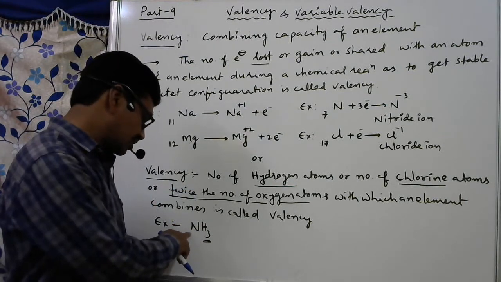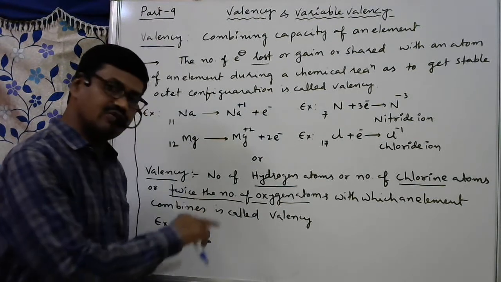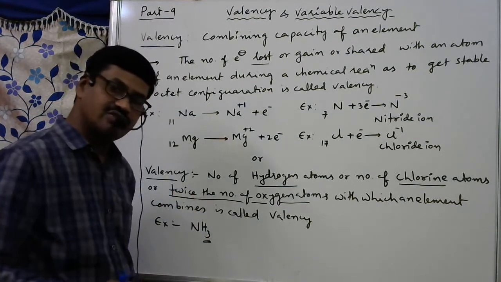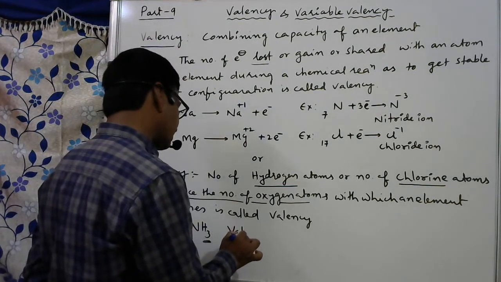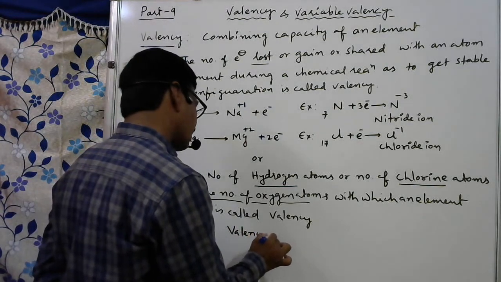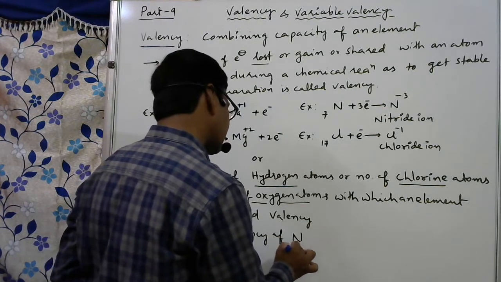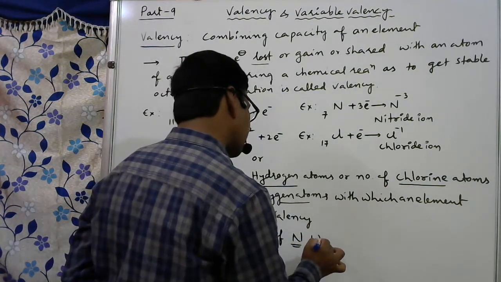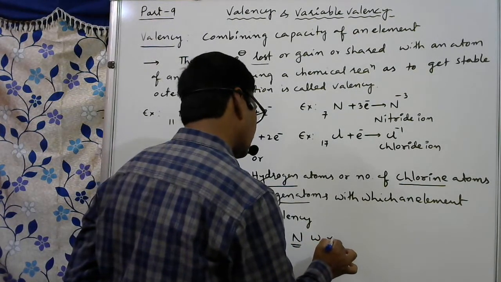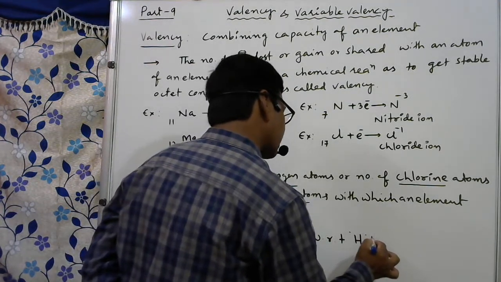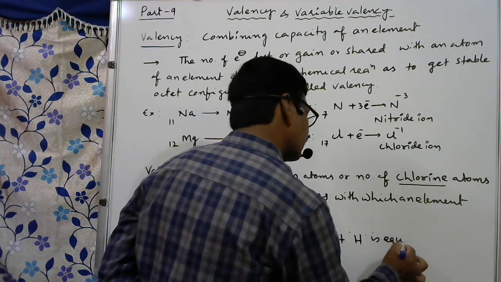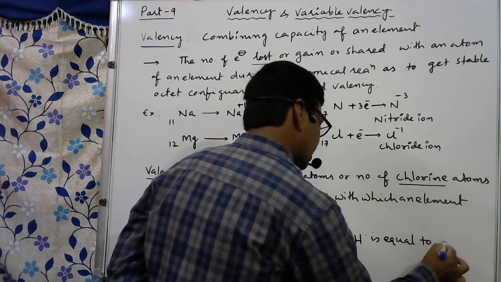So this nitrogen element combines with 3 hydrogen atoms, so the valency of nitrogen with respect to hydrogen is equal to 3.